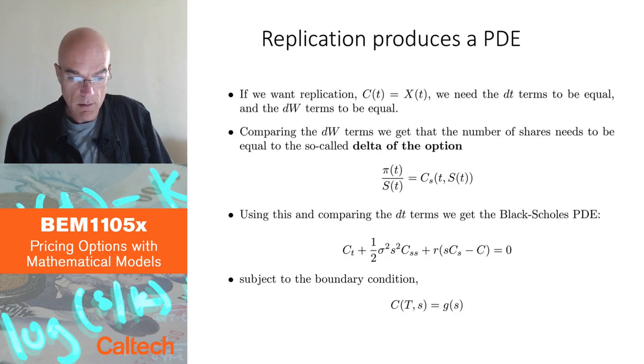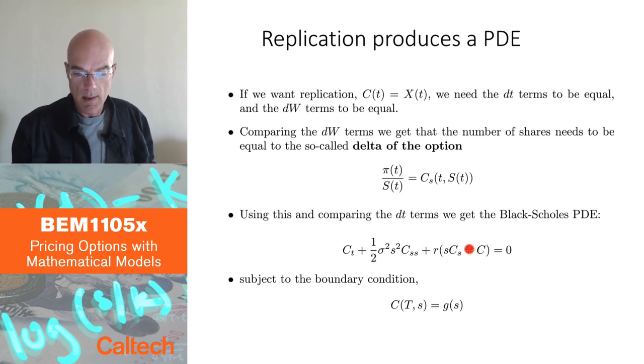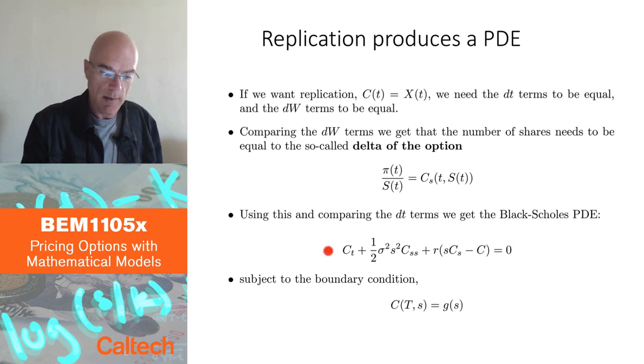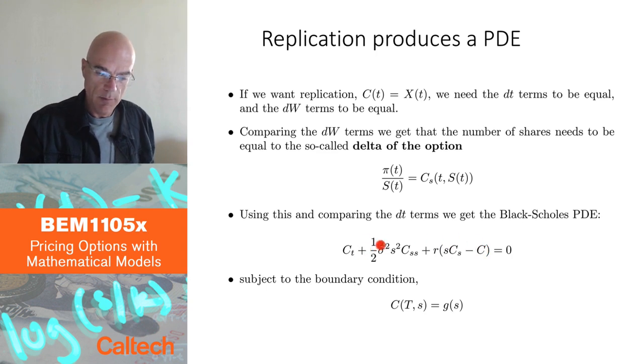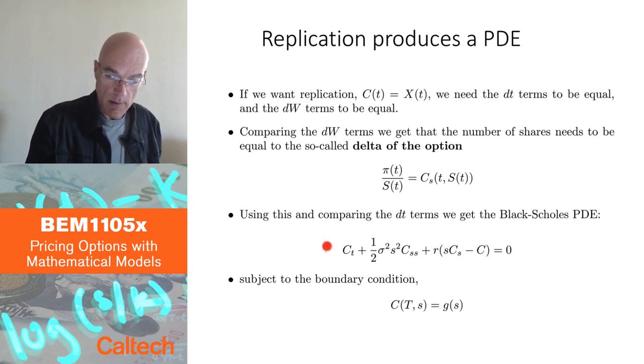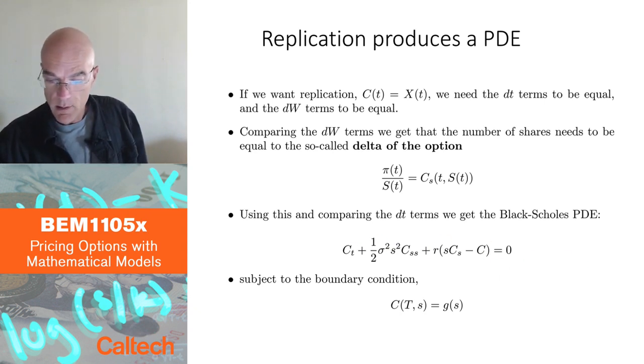Let's see how it looks. If you just make those two things equal, move everything to one side and leave 0 on the other side, you will get this. What is this? This is an expression which tells you that the function c and some of its partial derivatives, the partial derivative with respect to t, partial derivatives with respect to stock, and the second and first times some coefficients, and times s squared here has to be 0, and this has to be 0 for every t and every s.